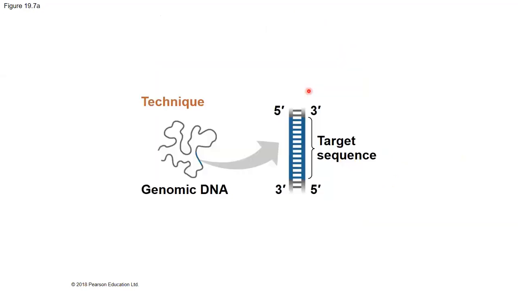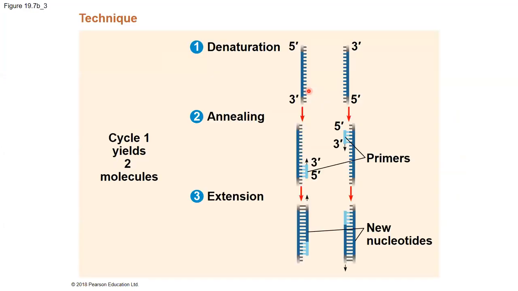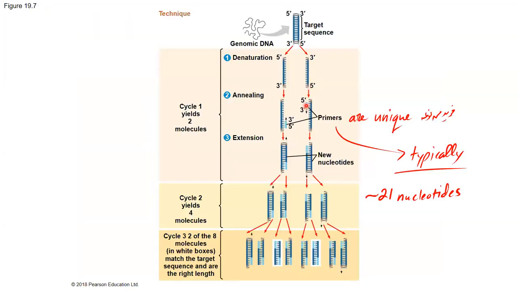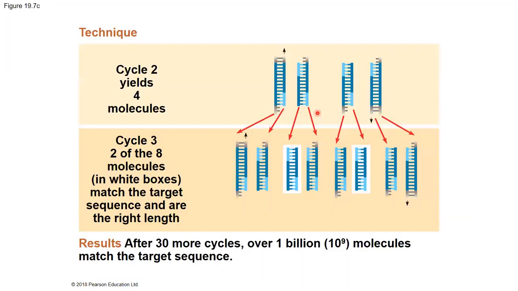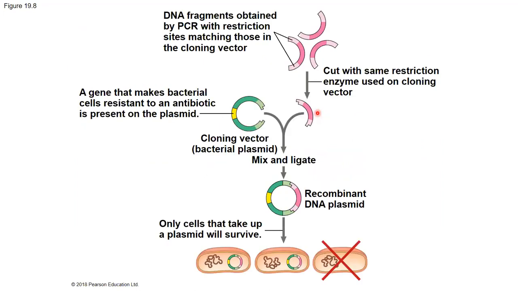So now, how can we use primers to add restriction sites on both ends of your PCR product that you want to clone? How? You can obtain fragments that you want to clone using PCR, and then you cut them with restriction enzyme, and then you cut the plasmid with the same restriction enzyme, and you combine them together.